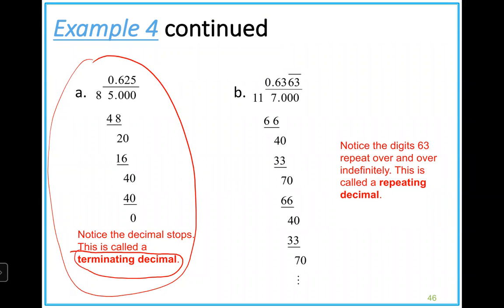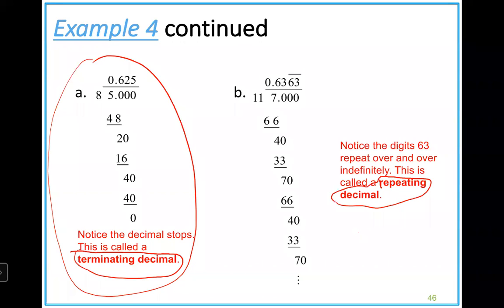Now, in the second one, when you divide 11 into 7, it does not terminate. It's called a repeating decimal. You have some that repeat and some that don't repeat, but this one is repeating. And you notice they put a bar over the 63 because that indicates that the 63 repeats.